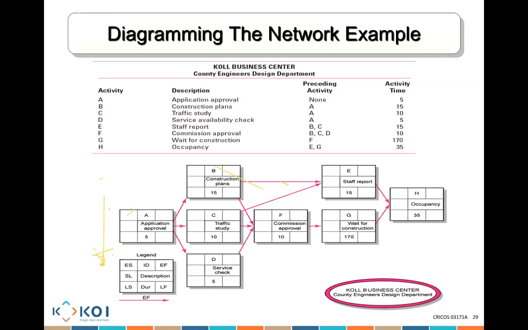But sir, according to the table, E comes first then F, but why is it different in the network diagram? Okay, which one are you talking about?